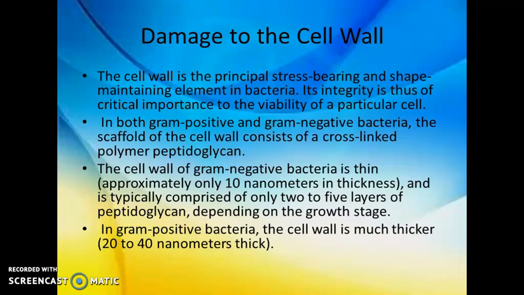In both gram-positive and gram-negative bacteria, the integrity of the cell wall, that means the scaffold of the cell wall, is maintained by a cross-linked polymer of peptidoglycan. In the cell wall of gram-negative bacteria, this peptidoglycan layer is very thin, approximately 10 nanometers in thickness, and is typically composed of 2 to 5 layers.